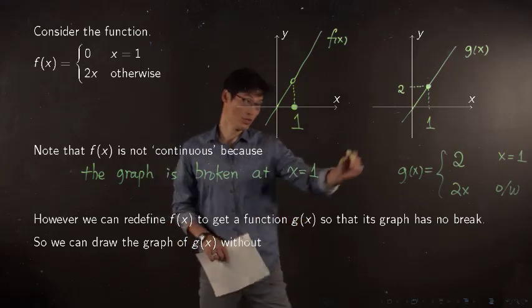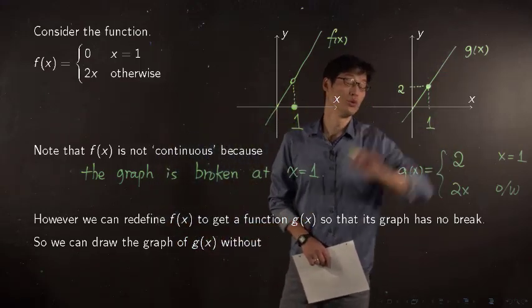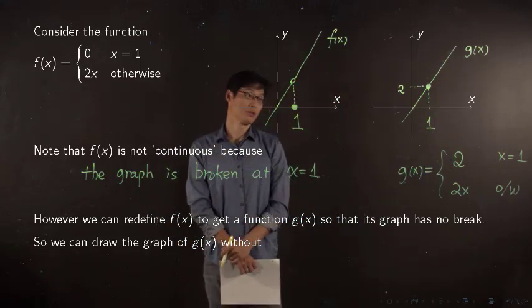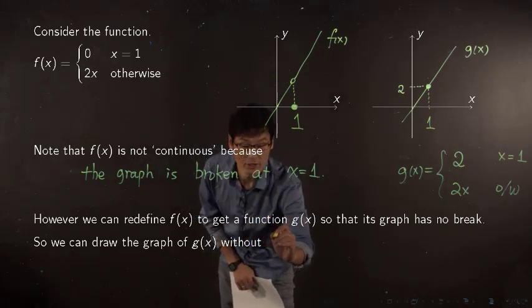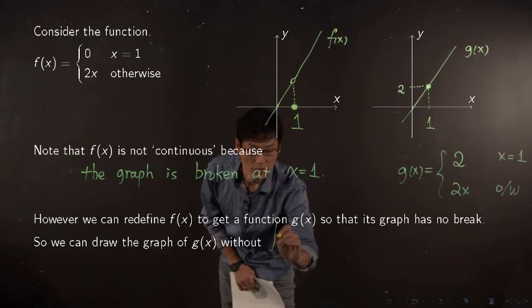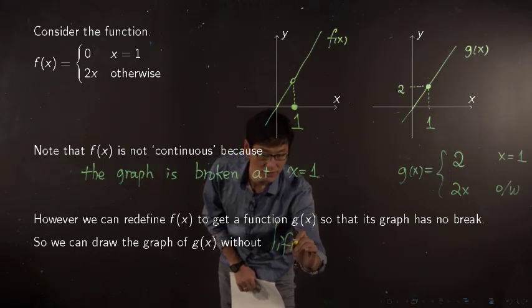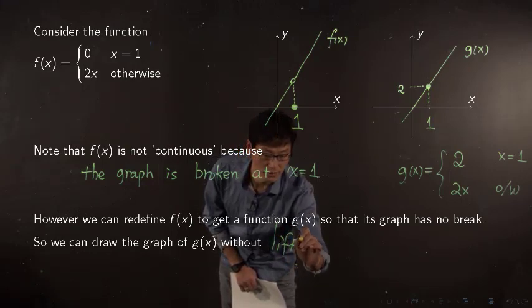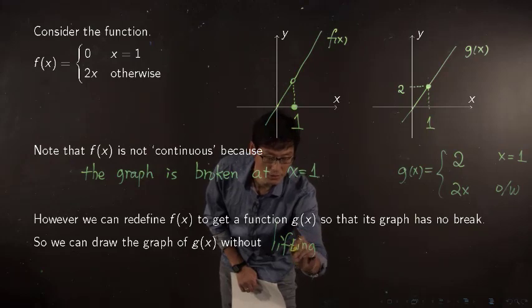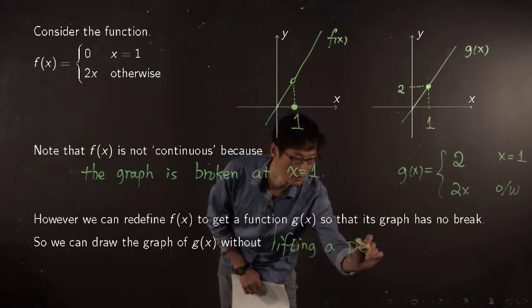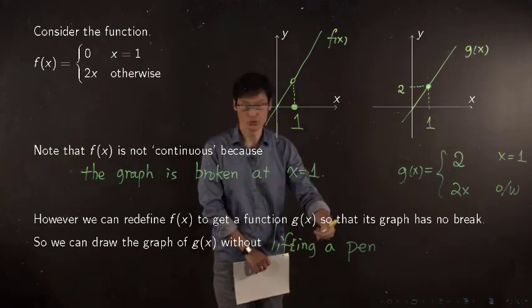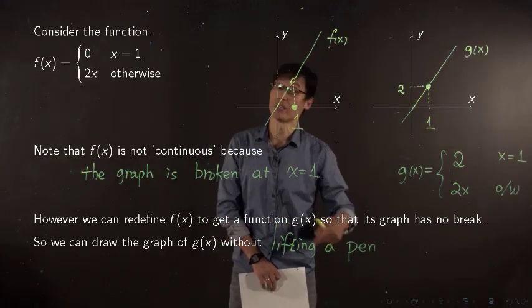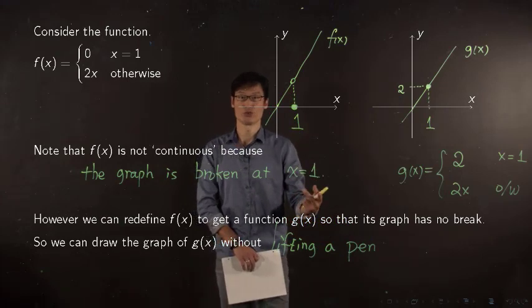So the idea is we can draw the graph of this function without lifting a pen. So when you draw a graph without lifting a pen, we can say the function is continuous.